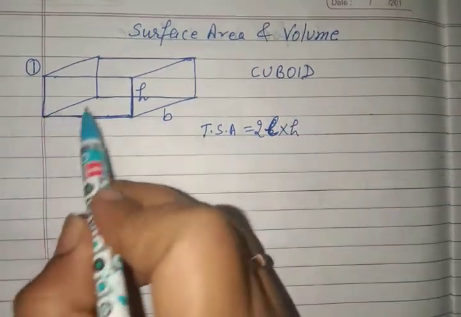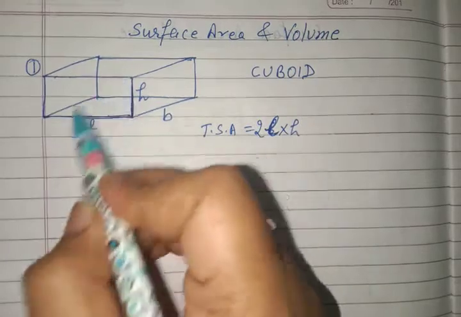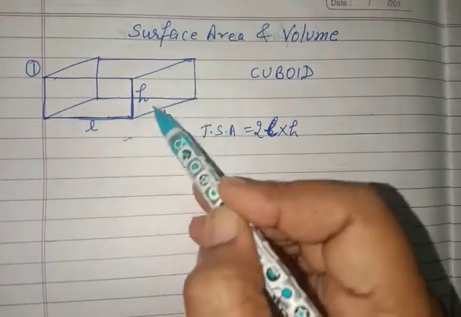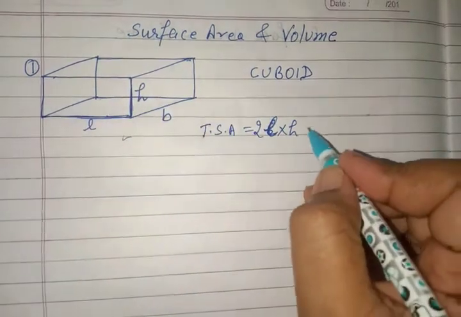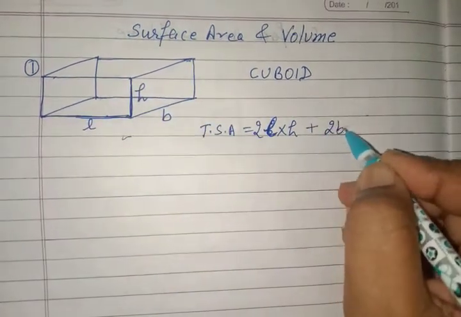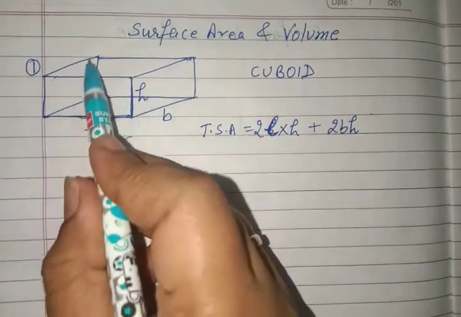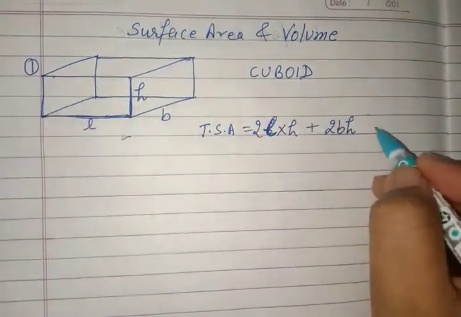So we have 2LH, the area of this wall and the wall opposite to it. If I consider this wall, this is BH and the wall opposite to it is also BH. So it will be 2BH.